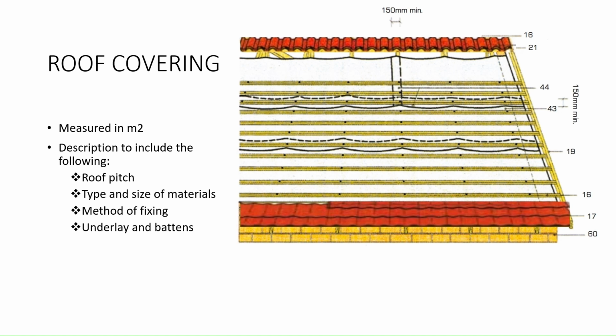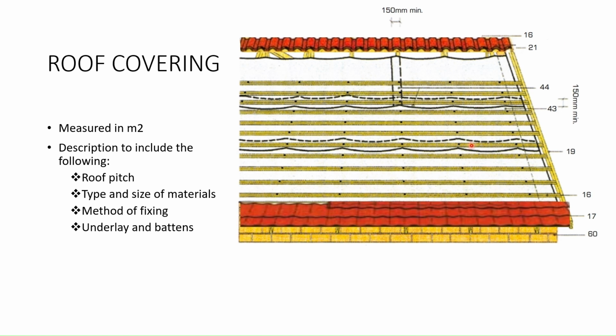And then the description of the roof covering is to include, number one, the battens and the underlay, the type and size of materials used, the method of fixing, and then the standard system states that the roof coverings will be given in the following categories: roof coverings with pitches not exceeding 25 degrees, and roof coverings with pitches exceeding 25 degrees, stating the pitch.